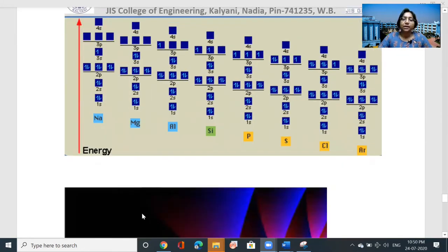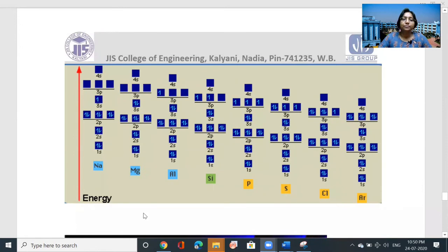So you can see this table. Here the energy level is increasing; it is showing an increasing trend. The energy level for the different subshells s, p, d, f is increasing.